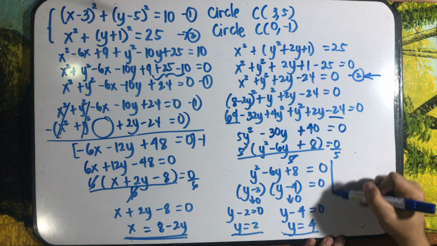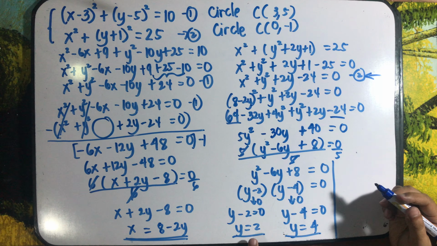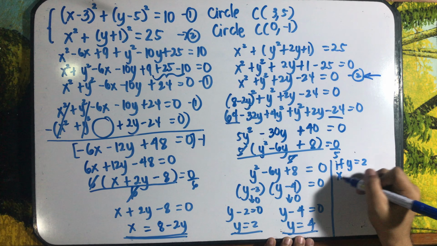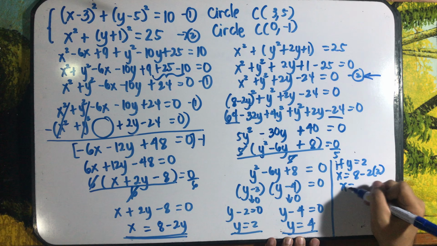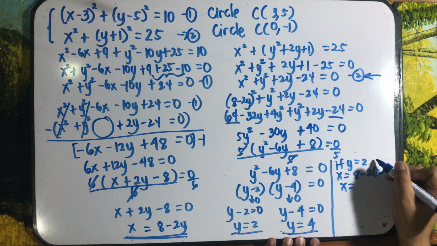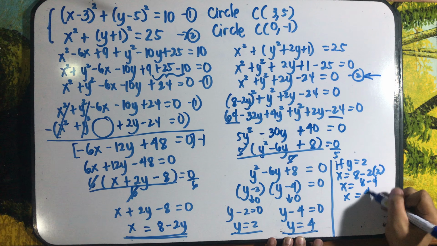Since we now have the values for y, let us substitute this to this term. If y is equal to 2, this becomes x is equal to 8 minus 2 times 2. Therefore, x is equal to 8 minus 4. Therefore, x is equal to 4.